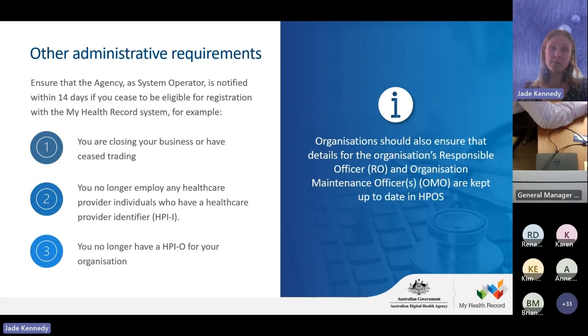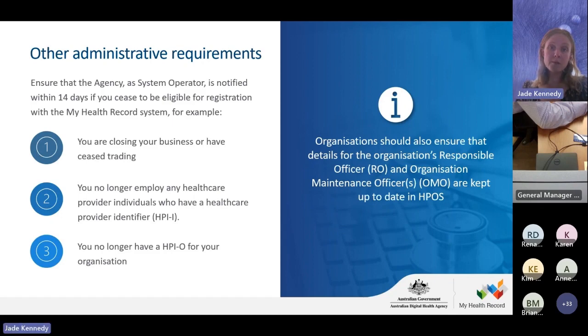An organisation might be closing their business or has ceased trading. If they no longer employ a healthcare provider individual that has a healthcare provider identifier, or if the organisation no longer has a HPIO, then they need to notify the system operator within 14 days so that they can be deregistered from the My Health Record system.